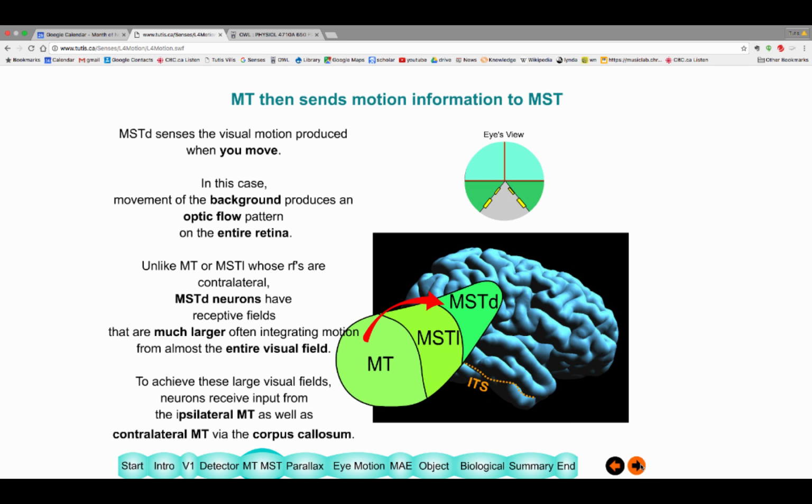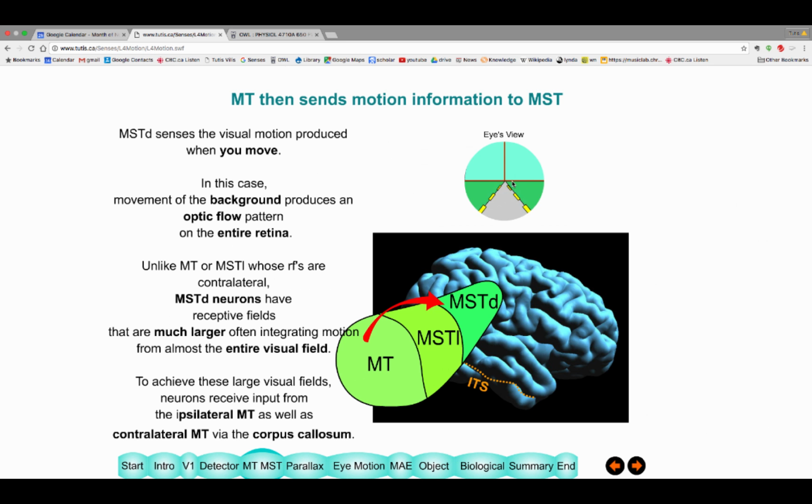In contrast, this area MSTD is sensitive to you moving. Okay? So L is for objects moving, anything but you. And D is for you, what you would see if you were moving. And so what they are sensing, if you're riding down the road here, you would sense that you're moving.